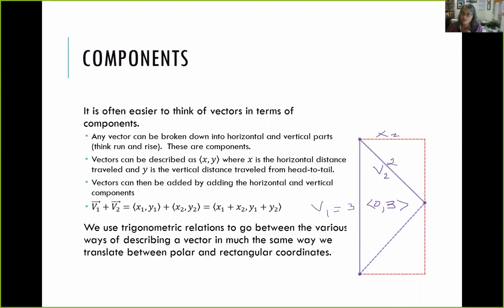That would be, remember this is 45 degrees. So this horizontal displacement would be 2 times the cosine of 45 degrees, which would just be square root 2, right? And this guy, this y, would also be square root 2.